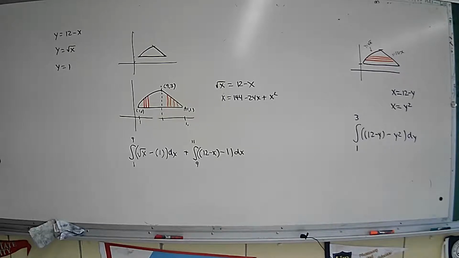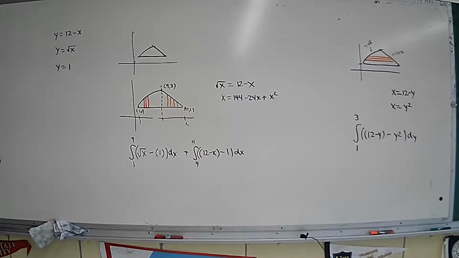They both require additional work. If you do the left side, you got to find that middle point and break it up into two separate ones. If you do the right side, you got to solve those things for x in terms of y. Okay? You really should be able to understand it both ways and do it both ways. Set it up both ways.